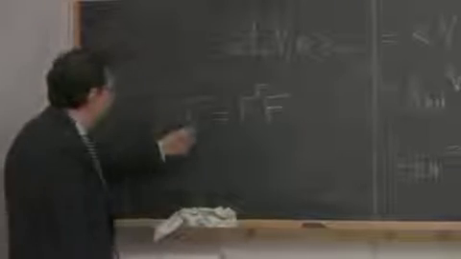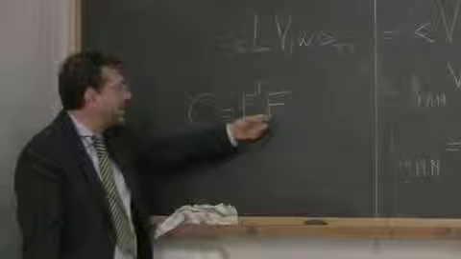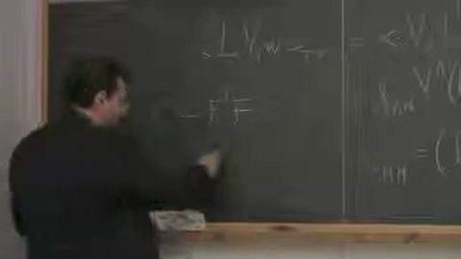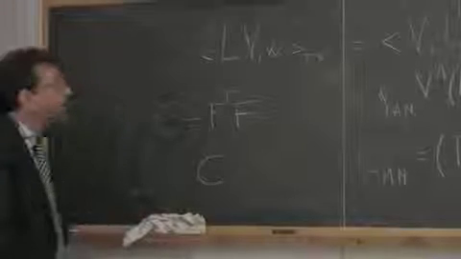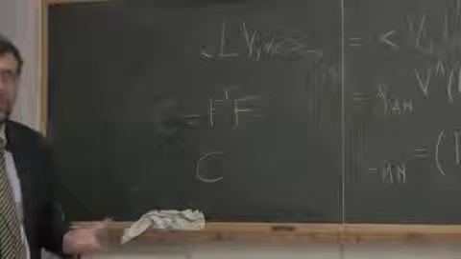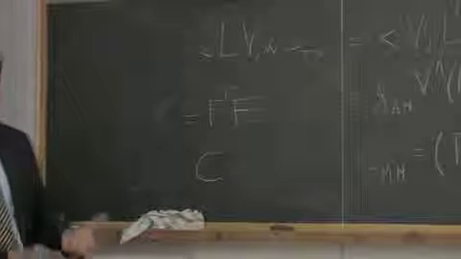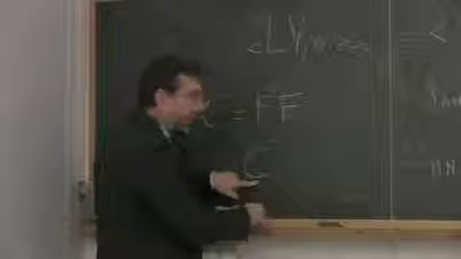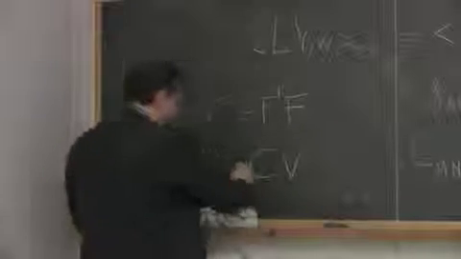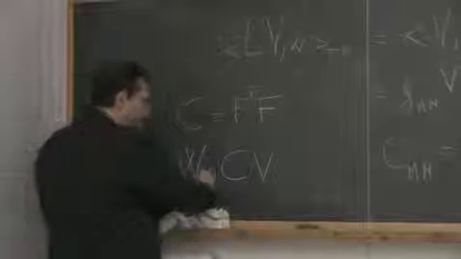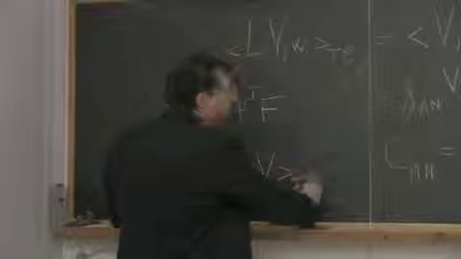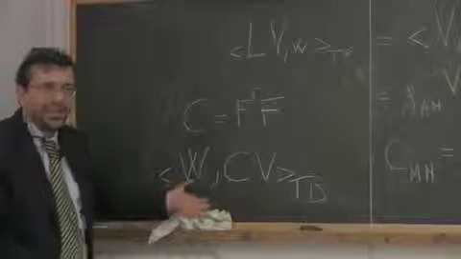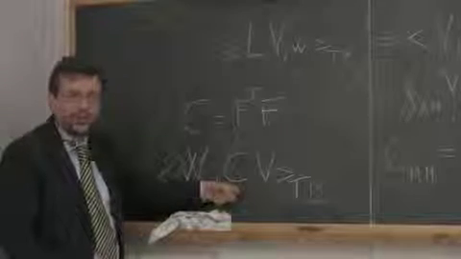Okay, if the determinant of F is positive, this C produces a new inner product in the Lagrangian configuration, because you can do C applied to V, comma W, the initial inner product. Okay? This is positive definite.